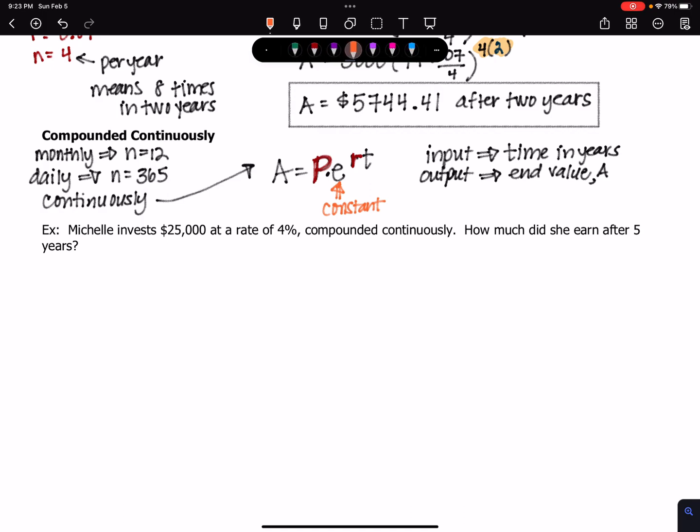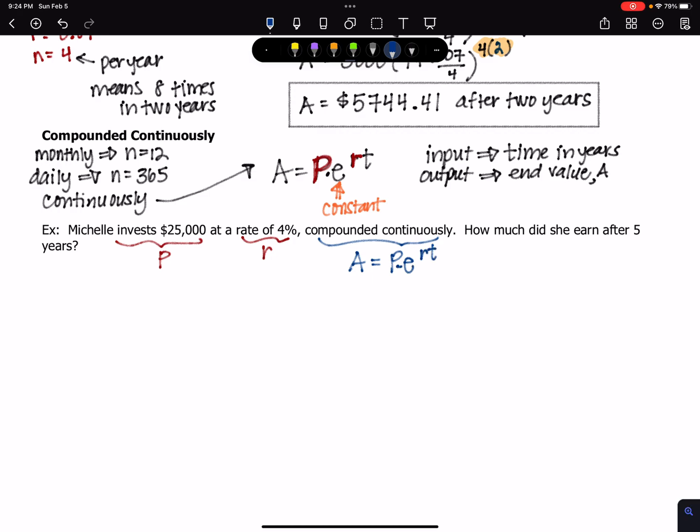So the investment of $25,000 is our principal. A rate of 4% is the r value. That would be 0.04. And then compounded continuously, that tells us that we're using the formula A equals P. I'm going to write this a little bit better for those of you that are not maybe as familiar with it as you'll become.